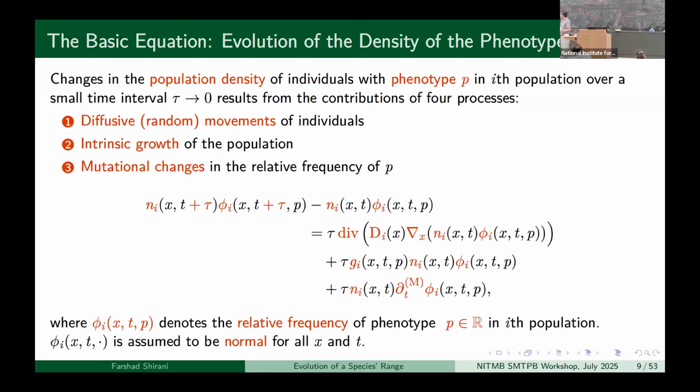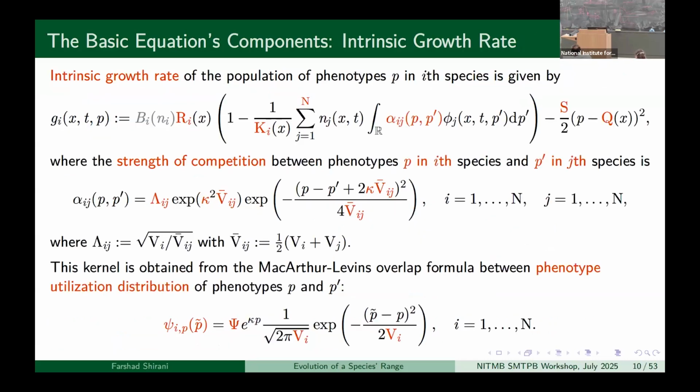And the ingredients, if I want to just briefly show you, are pretty classic. For the fitness function or the growth rate, we have just logistic growth. We can have Allee effects also. And then we have carrying capacity, maximum growth rate, and then a competition kernel. This term models the effects of stabilizing selection.